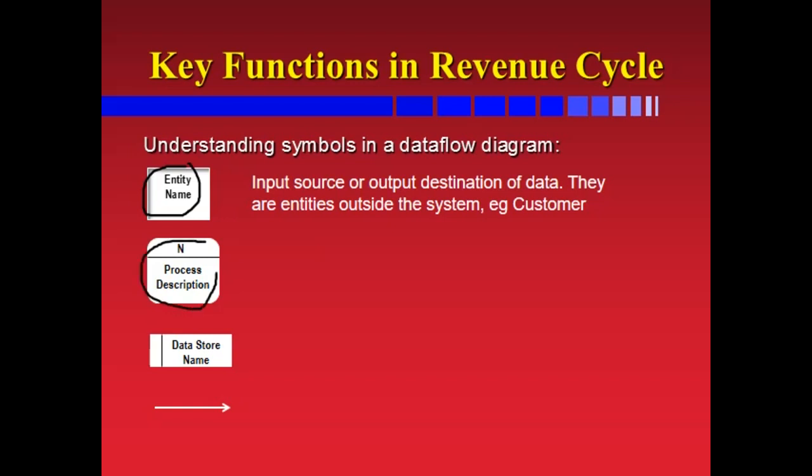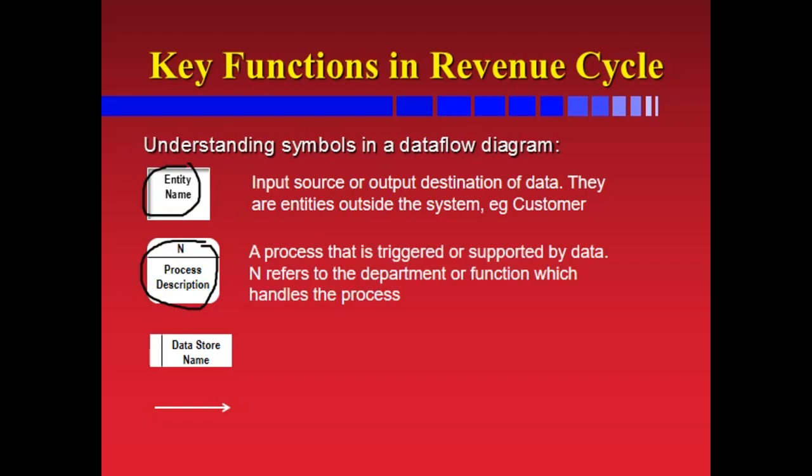Now, this symbol here denotes a process that is triggered by data that is received. For the purposes of this lecture, we have also included the department or the function which handles the process, and that's denoted by this N in the symbol.